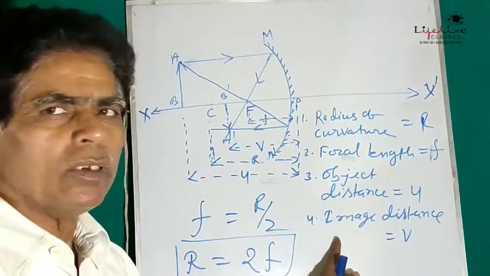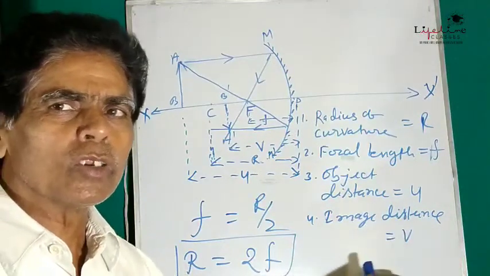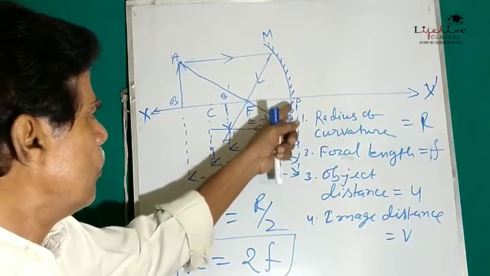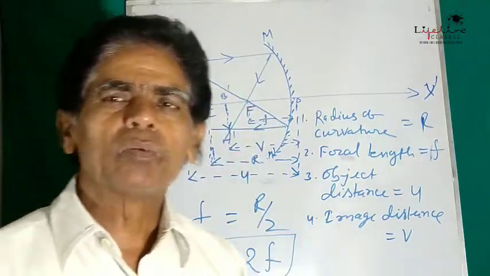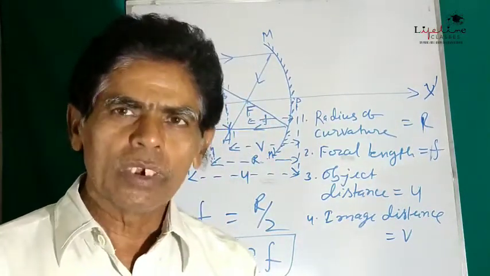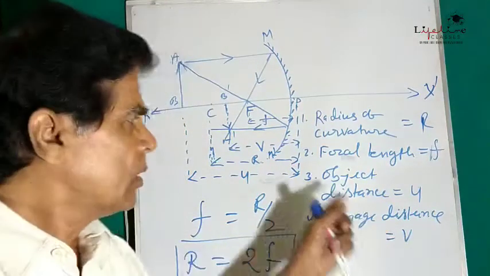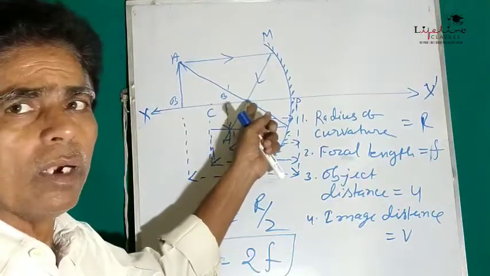In the same way, image distance, or distance of image. The distance between the pole and the principal focus is known as focal length.